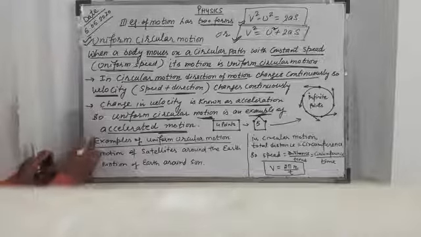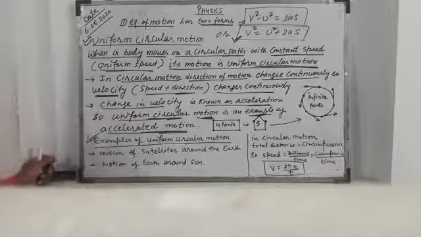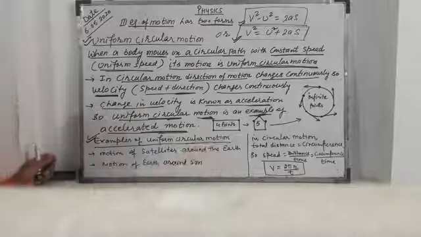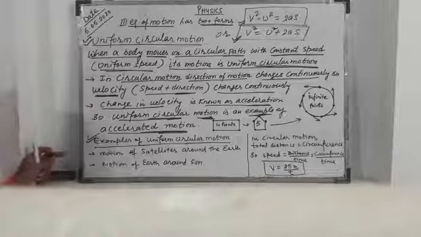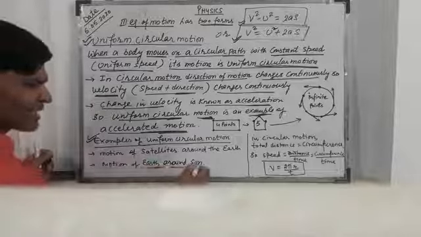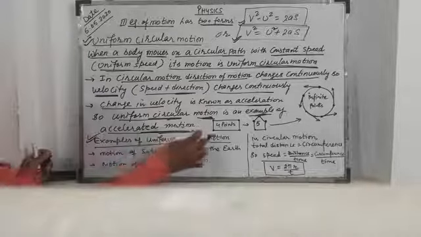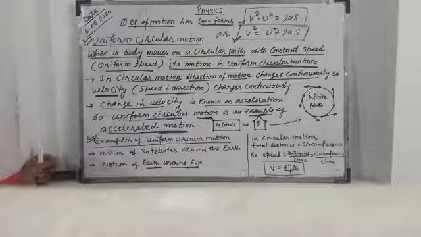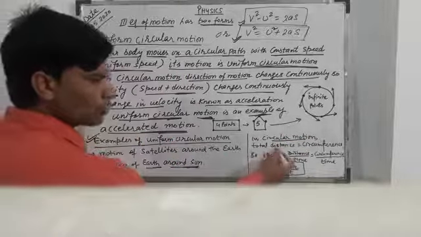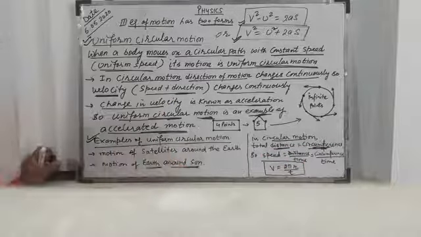Some examples of uniform circular motion are the motion of satellites around the earth, which may be artificial or natural. The motion of the earth around the sun is also an example of uniform circular motion. Now, in circular motion, total distance is the circumference.